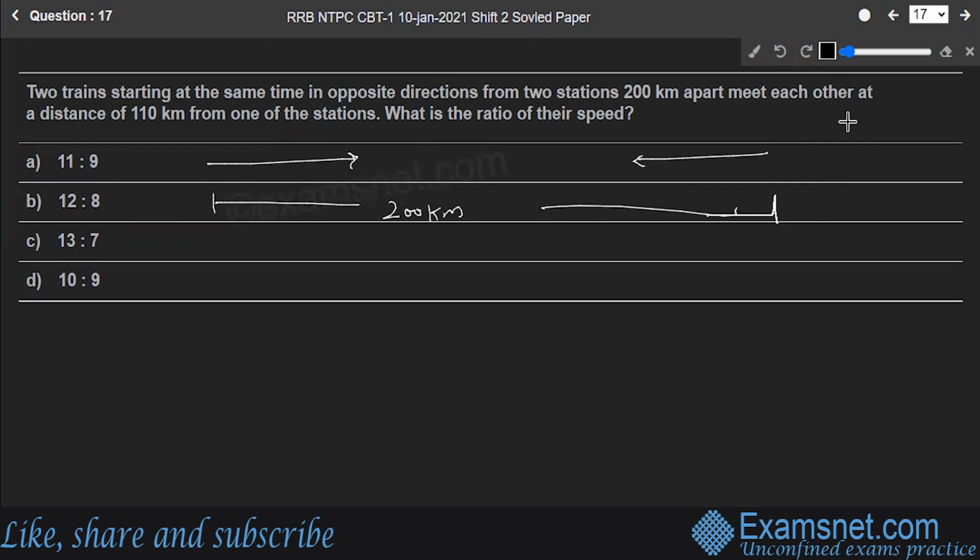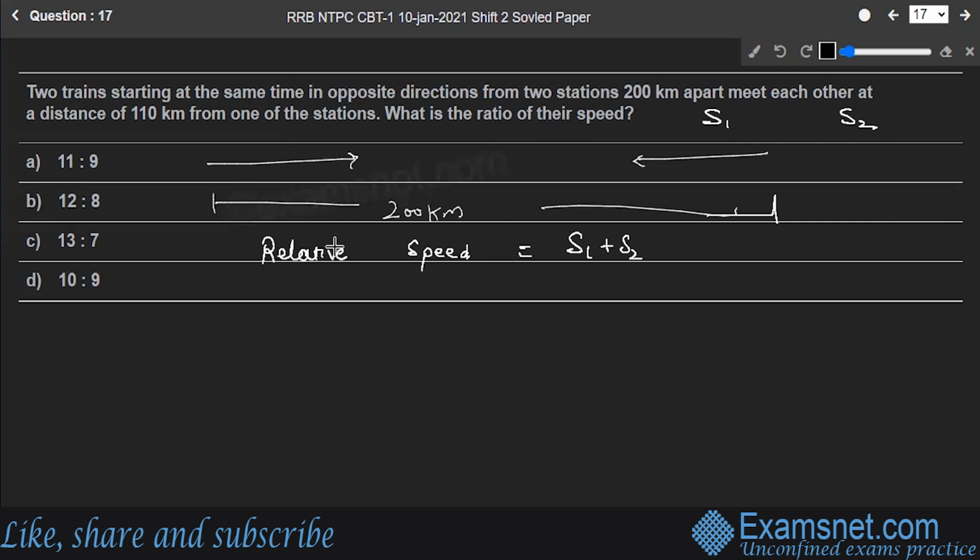So first thing, they are moving in the opposite direction. So let the speeds be S1 and S2. So the relative speed will be equal to the sum of the two speeds, because they are moving in the opposite direction. If they had been moving in the same direction, then the relative speed would have been the difference between their speeds. Okay. Now, next thing, we know that the distance between them is 200 kilometers.